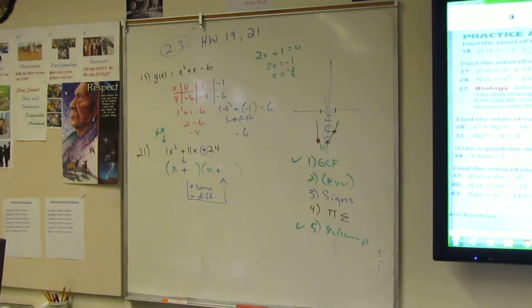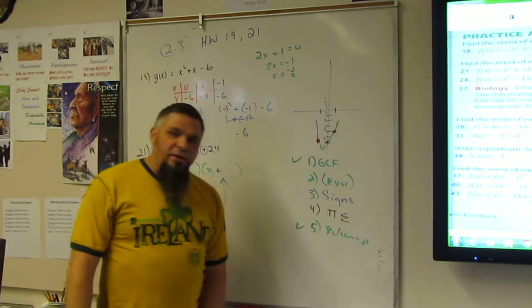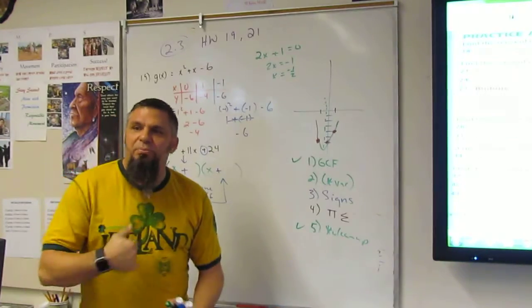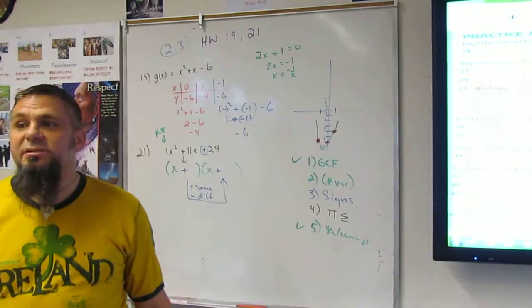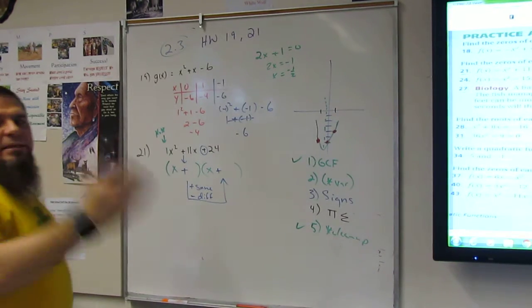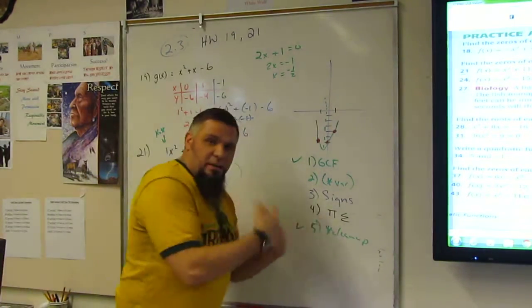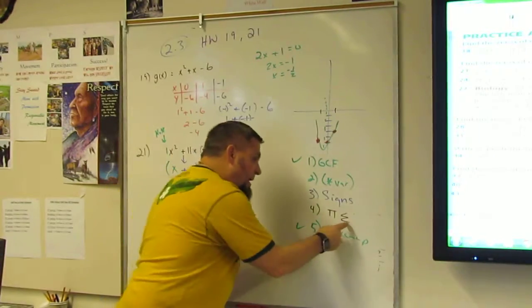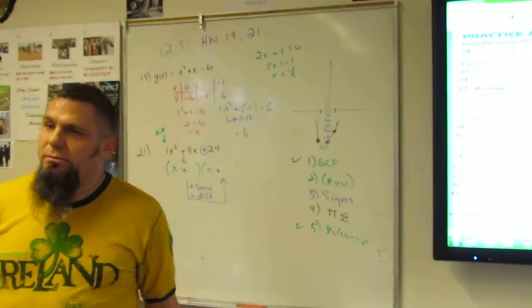And in pre-cal, for those of you who move on to pre-cal next year with me, I'm just letting you know that product has to do with multiplying, and the sum has to do with adding.